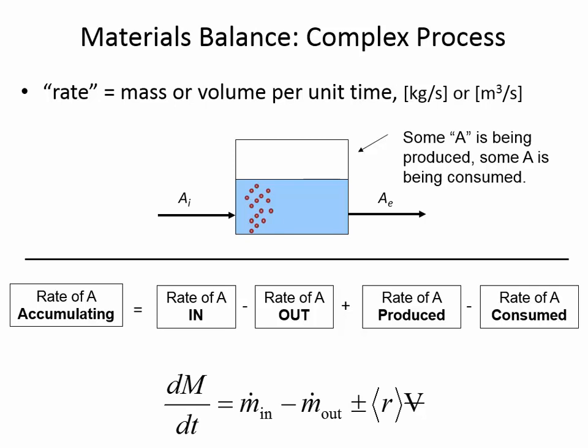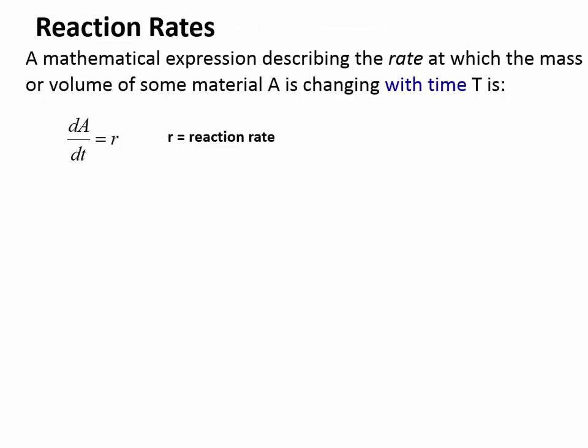Or if it's bacteria growing inside of a tank, then something would be produced. The bacterial cells would be growing and produced. And we'll talk about both of those over the coming days. And so R is very important. How quickly is the reaction happening? Some reactions are fast, some reactions are slow, and we're going to be talking all about reaction rates today.